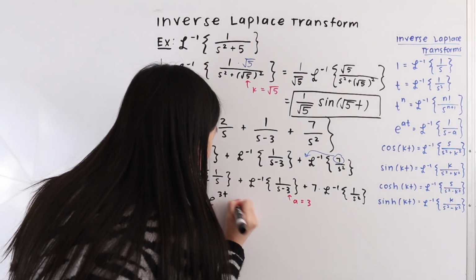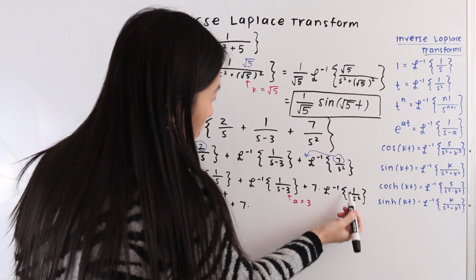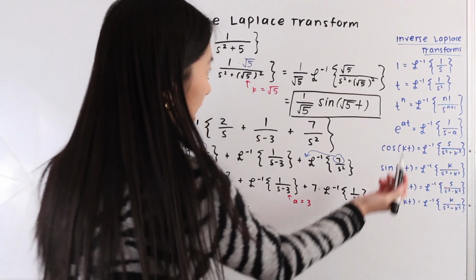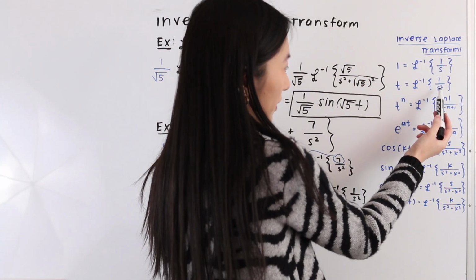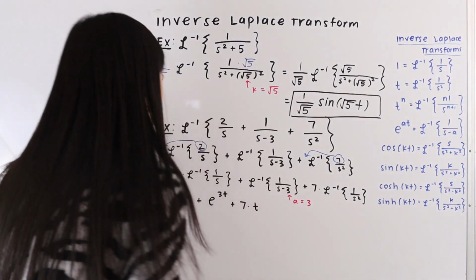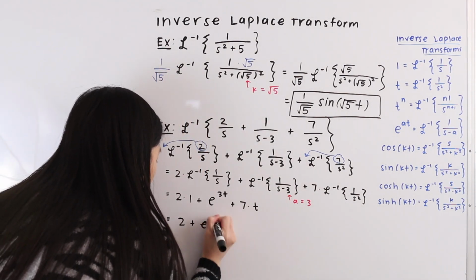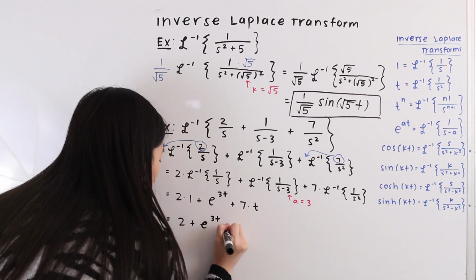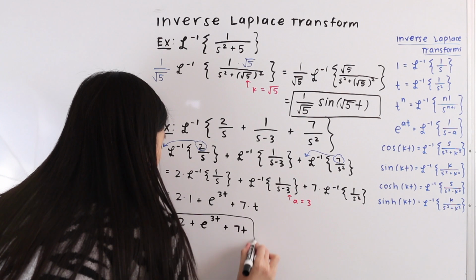And then next we have plus 7 times the inverse Laplace transform of 1 over s squared. So taking a look at our table, the inverse Laplace transform of 1 over s squared is equal to t. So simplifying this, we have 2 plus e to the 3t plus 7t. And that is our final answer.